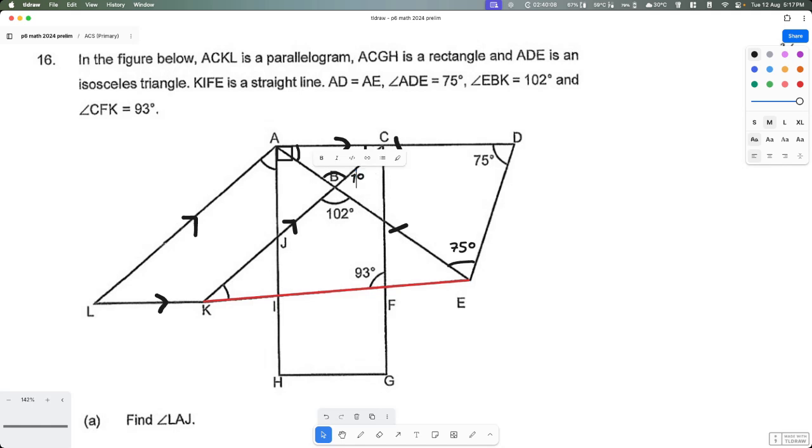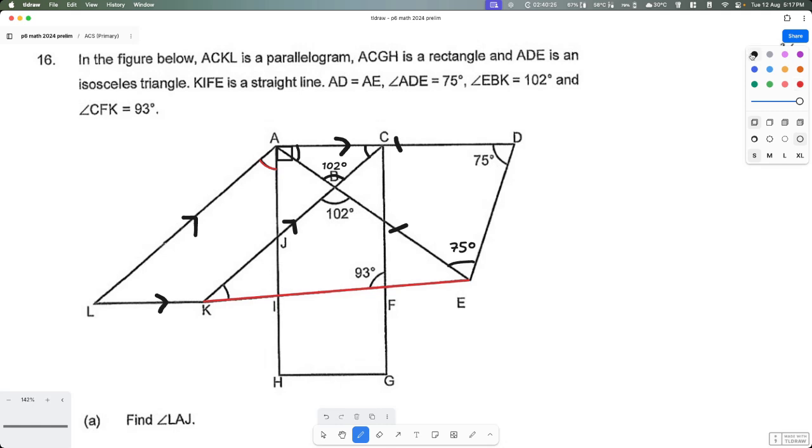I'm going to make this a little bit small so it fits. Once we get this angle, we can get this. I'm going to make it red so it's more obvious.